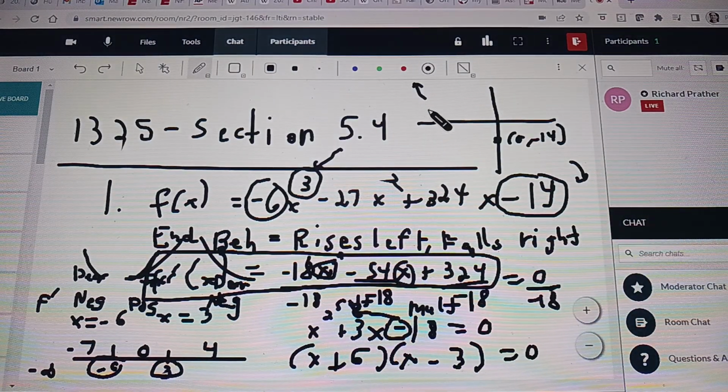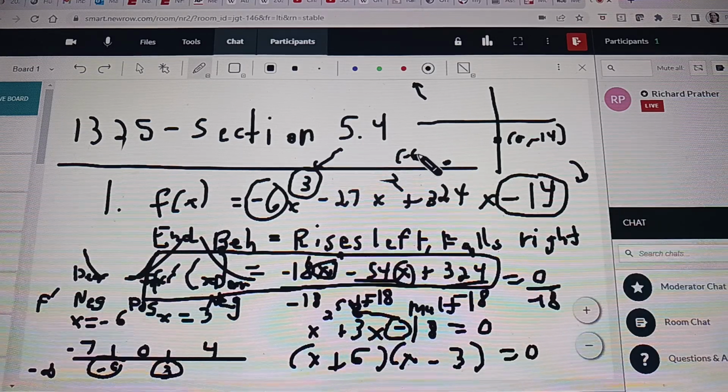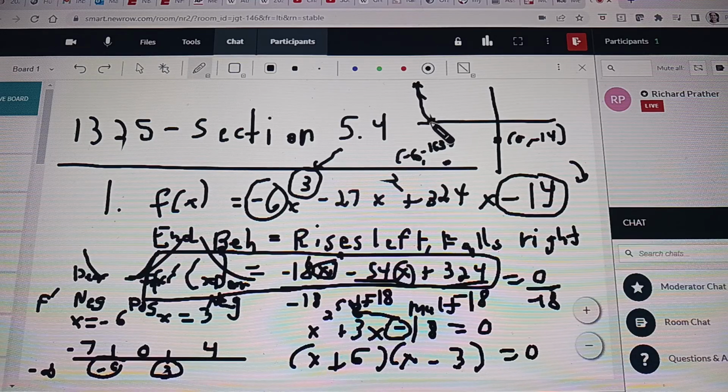So this thing will go down quite a bit, and it's a little hard to draw it on this sketch, but down here somewhere is the coordinate (-6, -1634). See, in college algebra, the students don't know how far down this goes. When they do their sketches, they find their x-intercepts. Apparently, it's something less than -6, and then they just kind of go down for a while before they come back up.